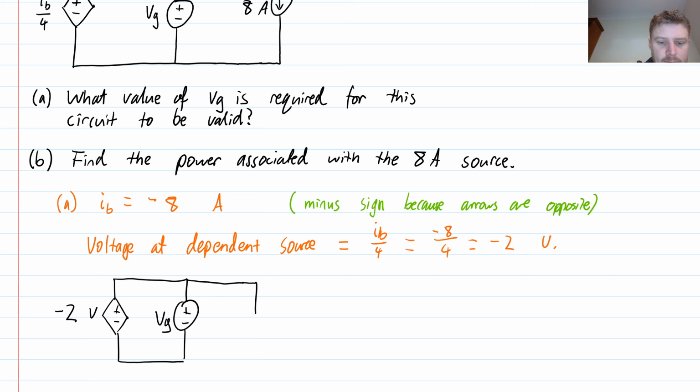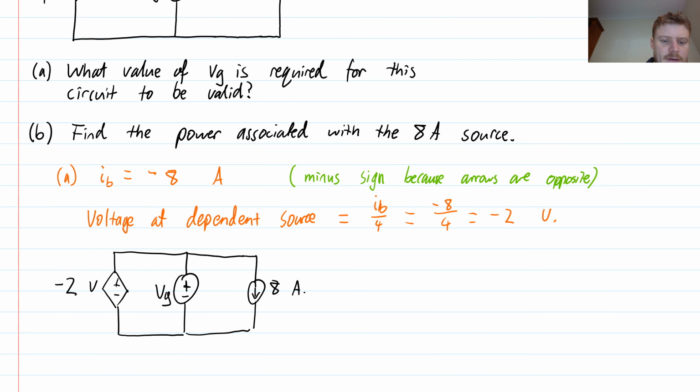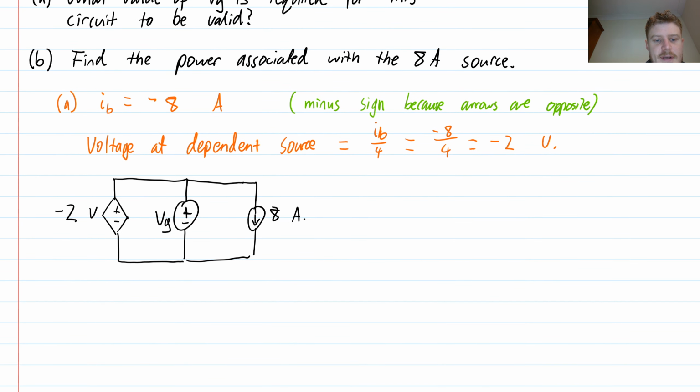And I have a current source, which was 8 amps. So I look at this combination of voltage sources on the left part of the circuit diagram, and I see, well, this source over here says there's minus 2 volts. And this one here is connected in parallel with that. So these voltages must be equal.